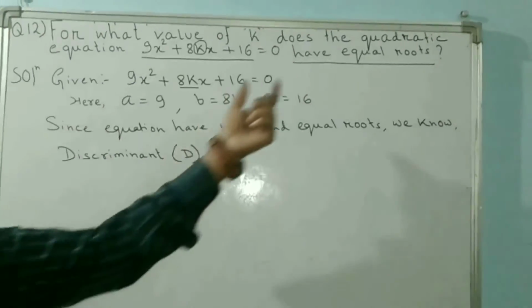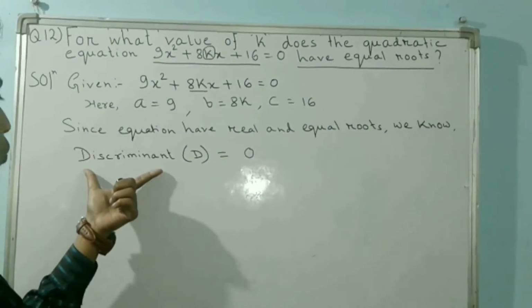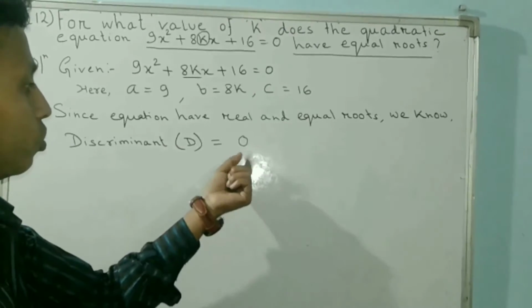So when the equation has real and equal roots, the value of the discriminant is equal to 0.